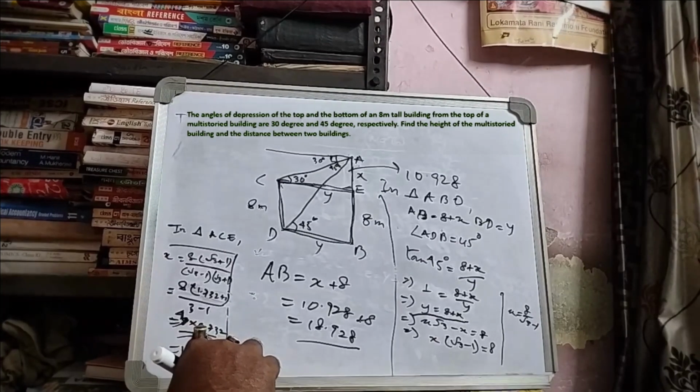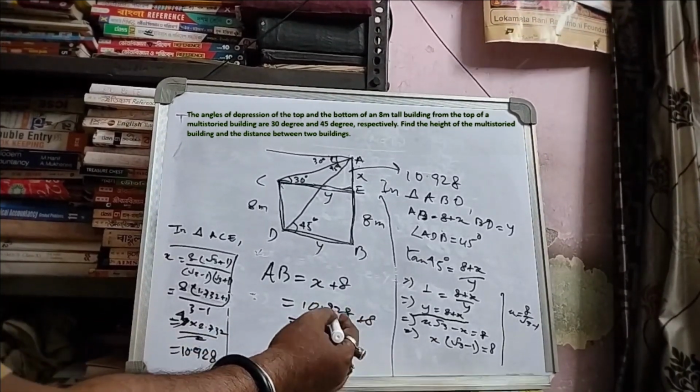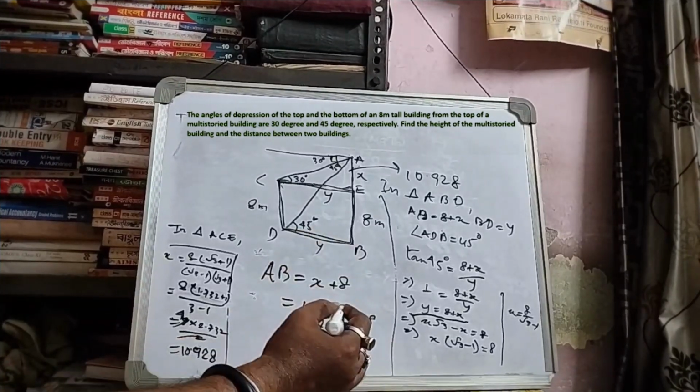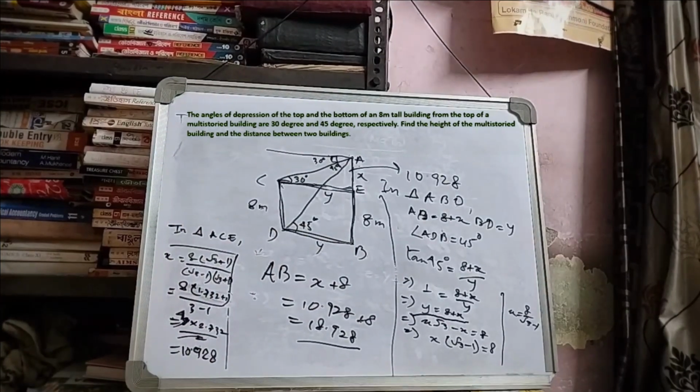Y is equal to 8 plus x, so that will be the same value, 18.928. That means the height of the multi-storied building and the distance between two buildings are the same.